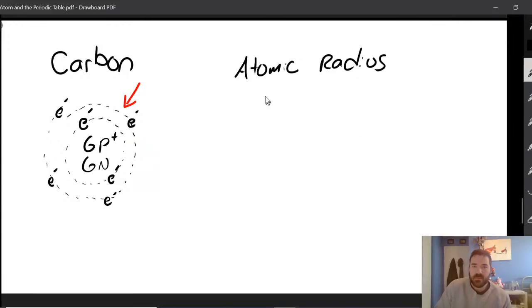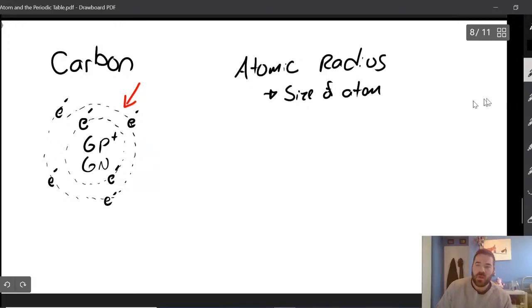The atomic radius is the size of the atom right across the electron cloud. So that would be the size of the atom from here to here. And let's discuss what happens to the size of the atom as we move around the periodic table.